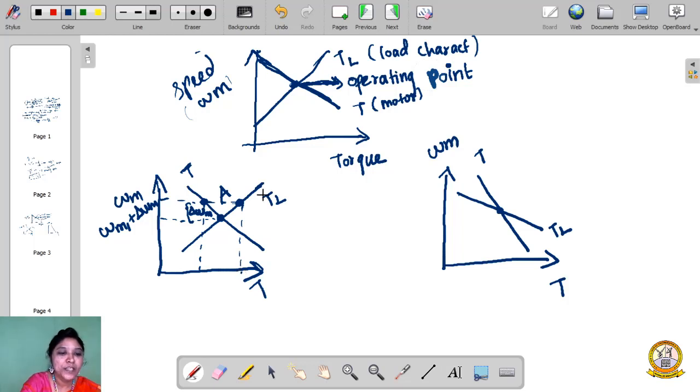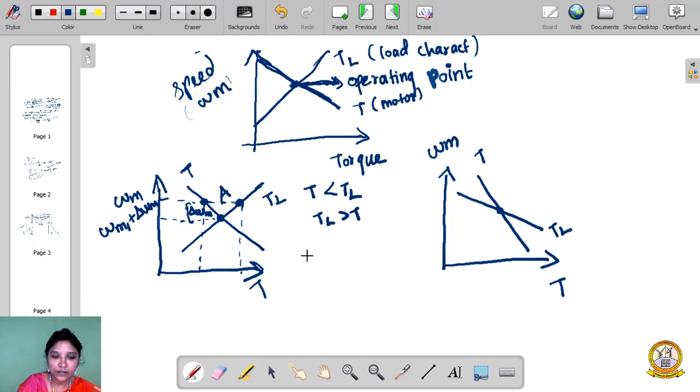If you see the motor torque and load torque, you have to relate them. The motor torque is less compared to the load torque. From the graph, motor torque is less than the load torque. Otherwise you can say the load torque is greater than the motor torque. So what happens if the motor torque is less than the load torque?